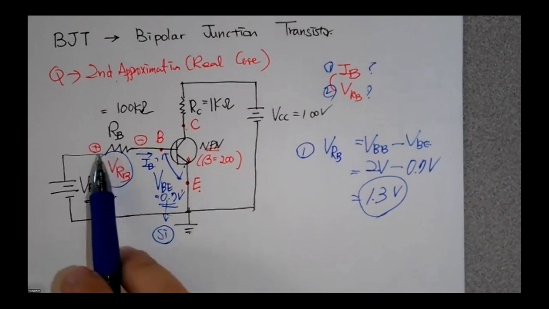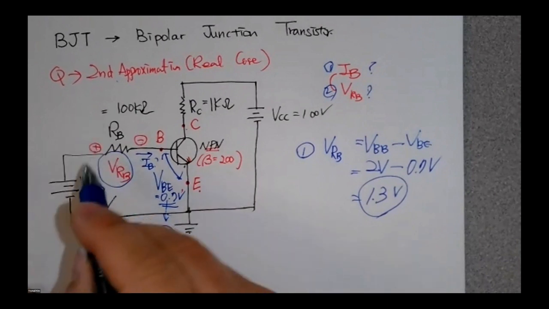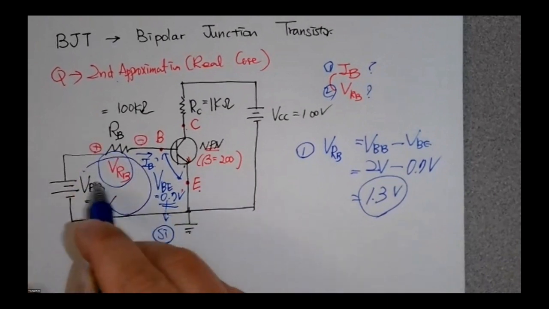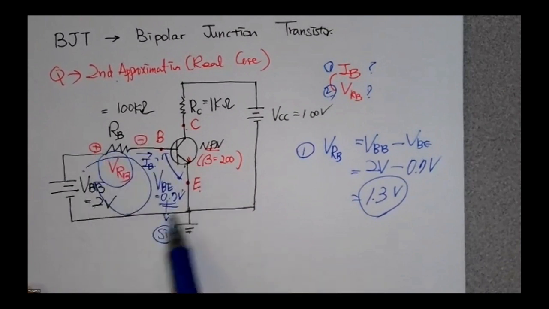And then to find I sub B, it's kind of the total current from the circuit.